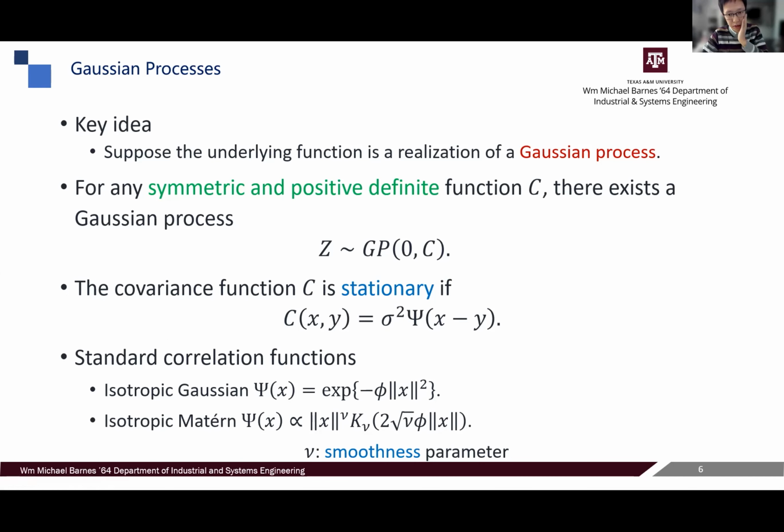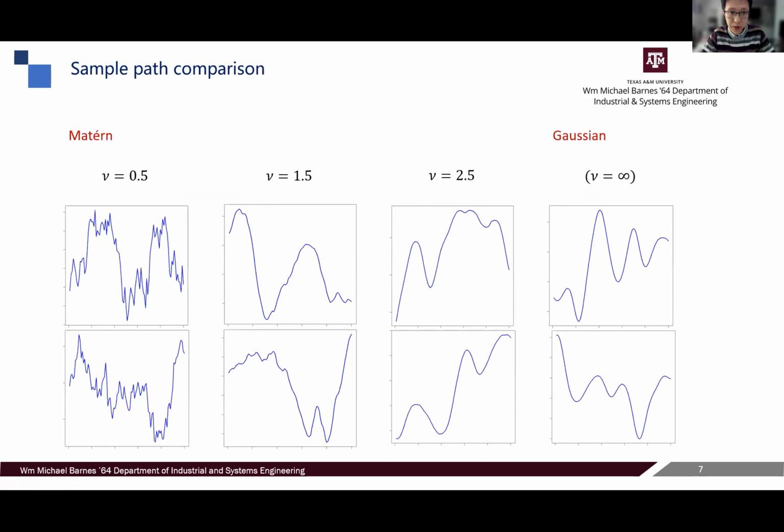There are different choices of covariance functions, and I'm not going to go into the details today. One thing I'd like to show you is that there are parameters in the Gaussian process covariance which allow you to create functions with totally different kinds of smoothness or other properties.